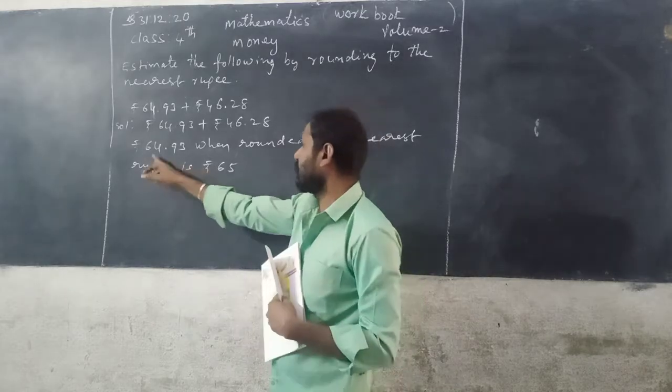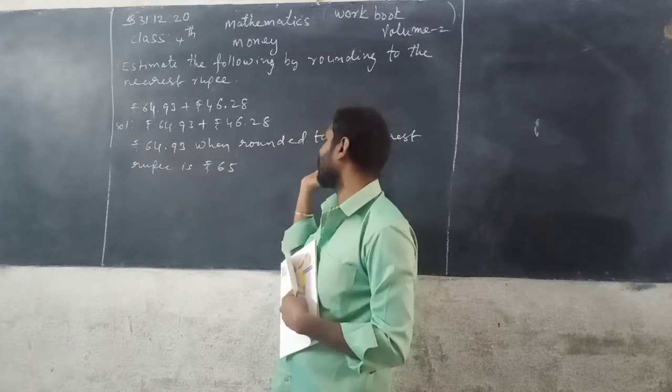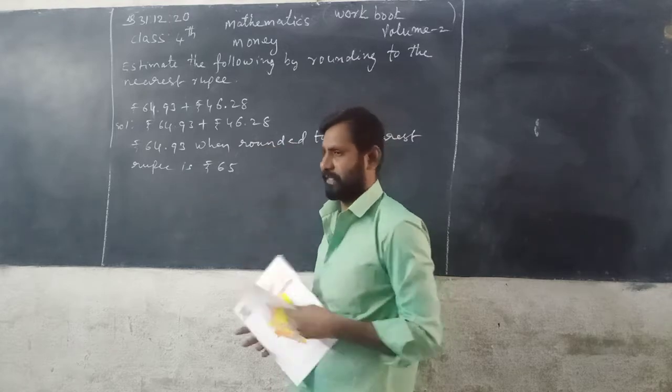Now 64 rupees 93 paise when rounded to the nearest rupee is 65 rupees.